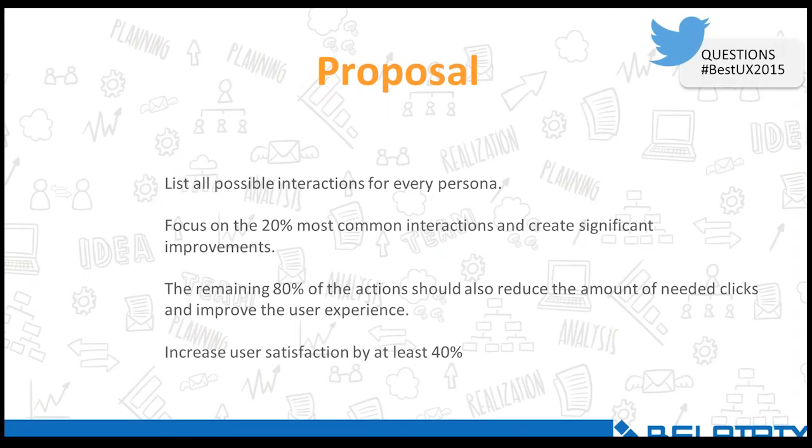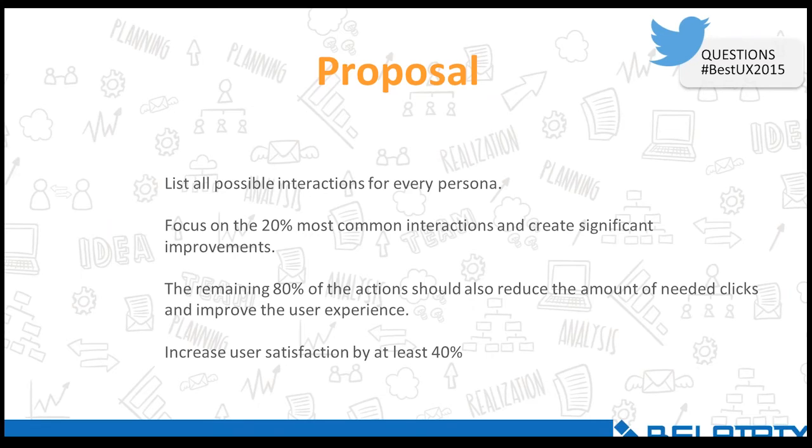So we propose to focus on the 20% most common interactions and create significant improvements on those interactions. Of course, we had to do something about the remaining 80%, but we will reduce also the amount of needed clicks and improve the user experience.